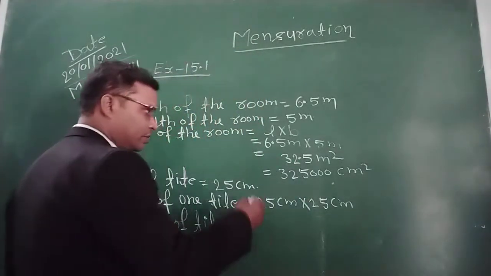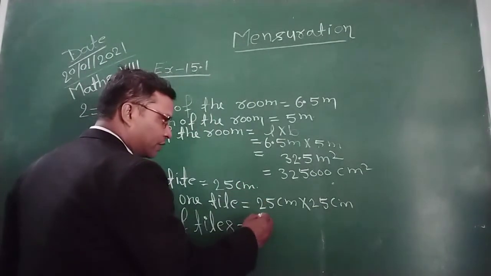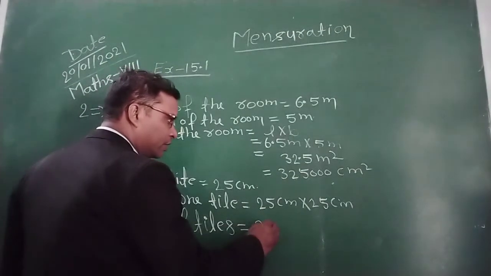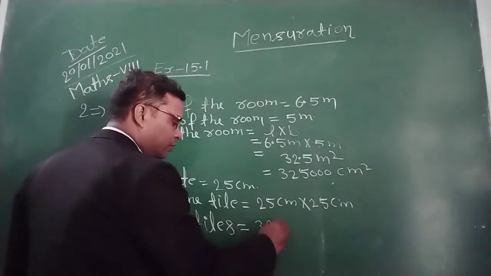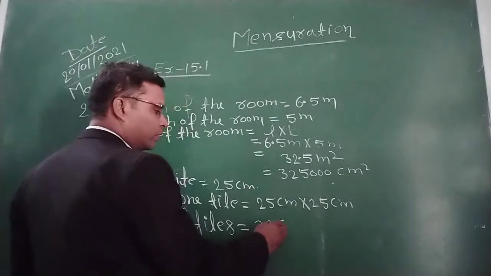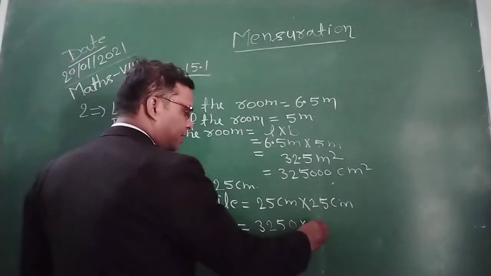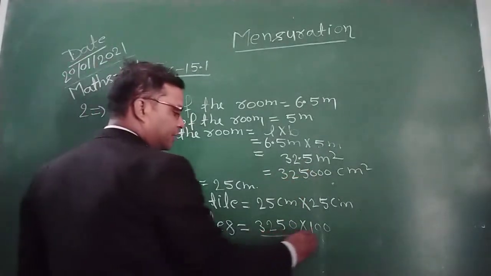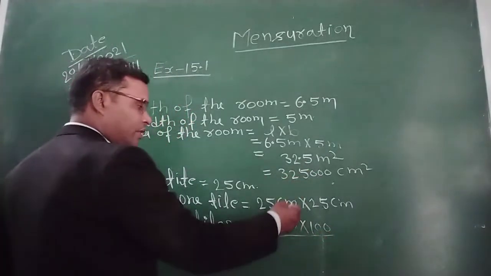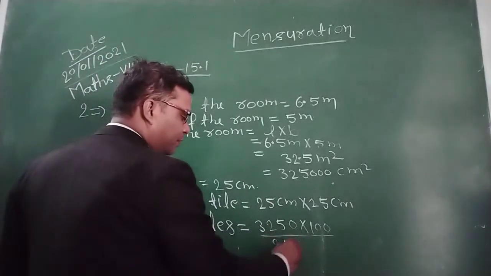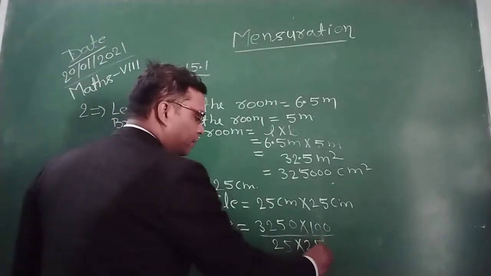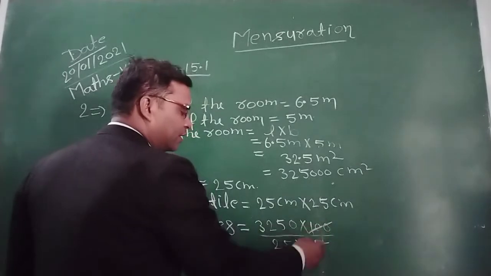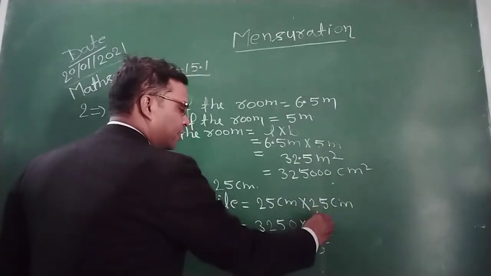Area of room is 3,250 into 100 here, and you can break it, and this becomes 25 into 25. You can cancel 25 for the 100.